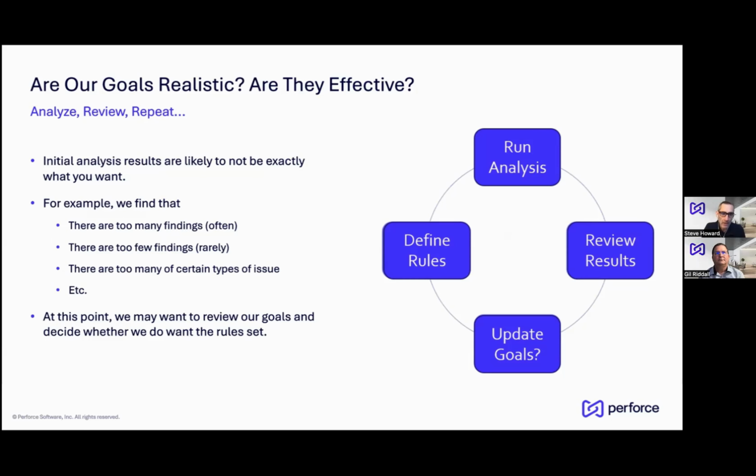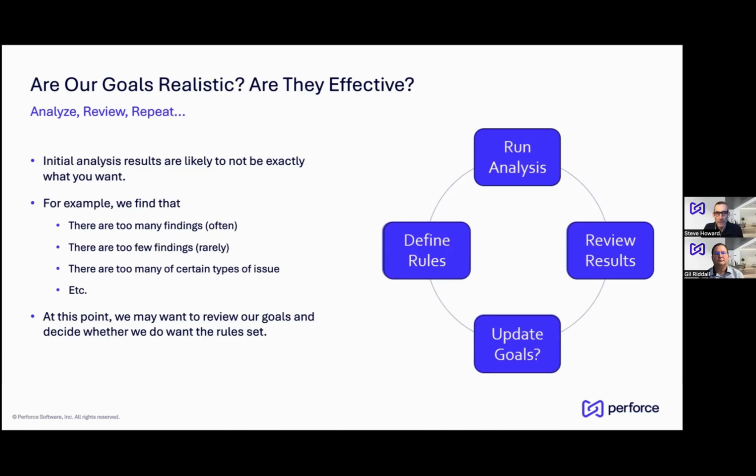Or in some cases, we might find very little, and so we can tune this up a little to make sure we're finding a bit more. Or there may be certain types of issues that seem to be repeated rather regularly, something caused by a systemic failure of some kind of rule because of the way we code, maybe. There are lots of these that we might find in that initial baseline analysis.